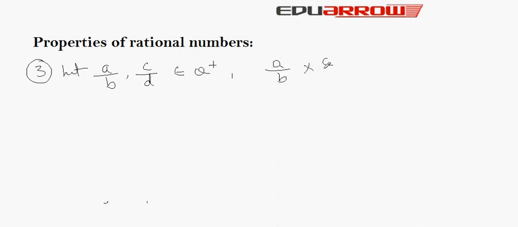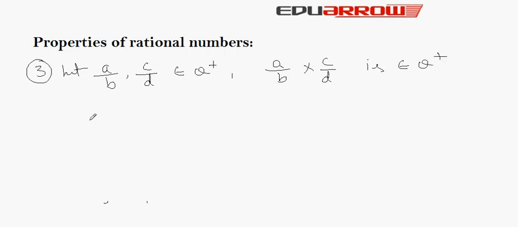Now the third property is the product of two rational numbers is also a rational number. For example, let A by B and C by D be two rational numbers, then their product A by B into C by D is also a rational number.